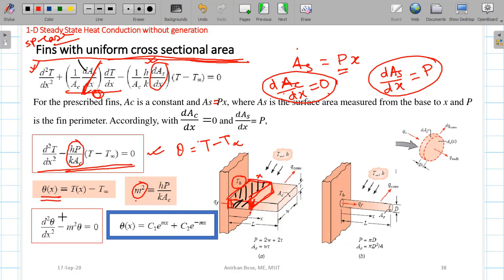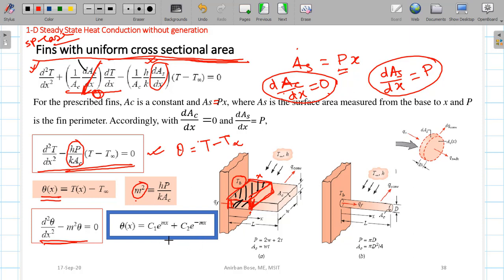If you do that, then the equation will take this form: d2 theta/dx2 minus m squared theta equal to 0, and the solution of this homogeneous differential equation is very simple, that is theta is equal to c1 e to the power mx plus c2 e to the power minus mx. This is the form of the solution.